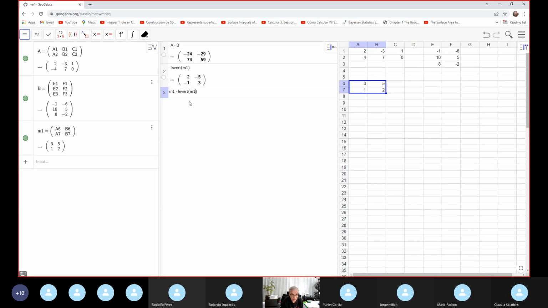Okay, now the answer is, boom, identity matrix. In the opposite direction, Invert M1 outside the parentheses, multiplication M1. Again, identity matrix. You see?